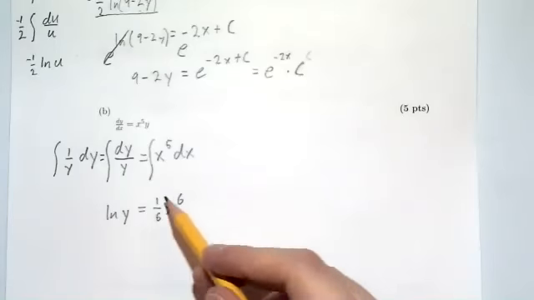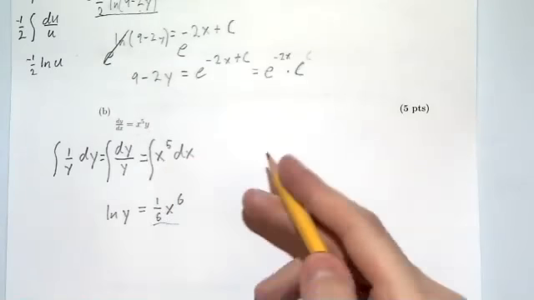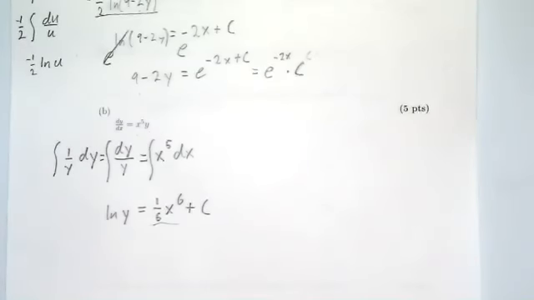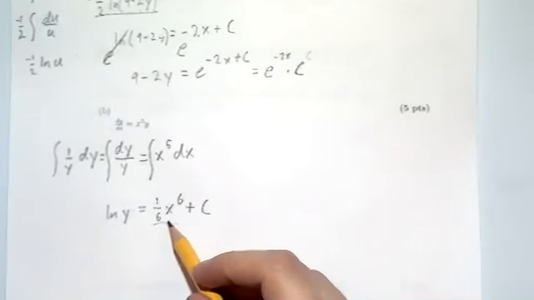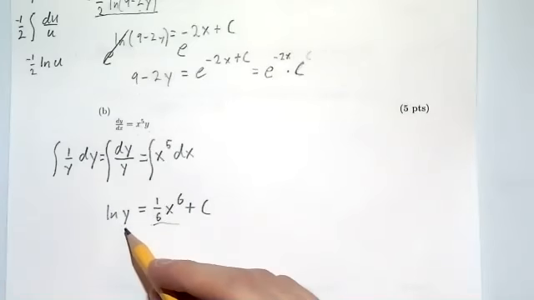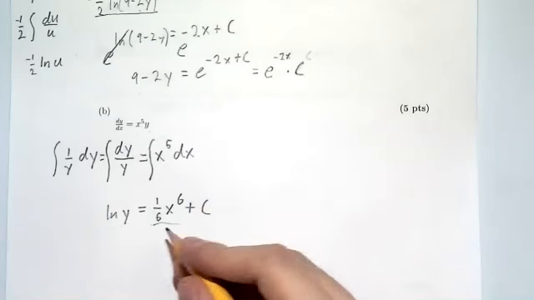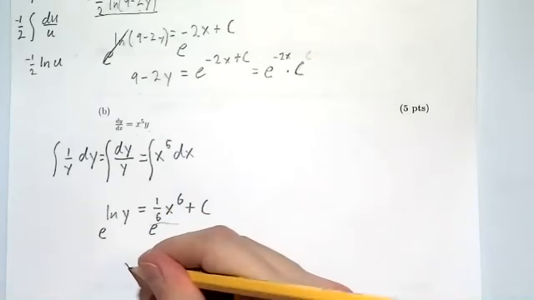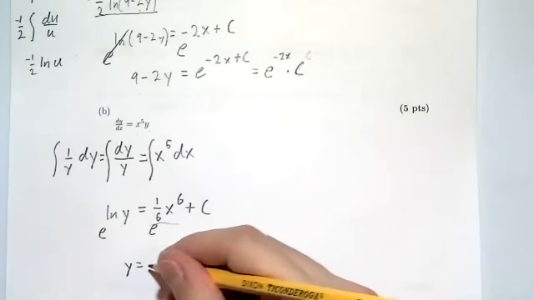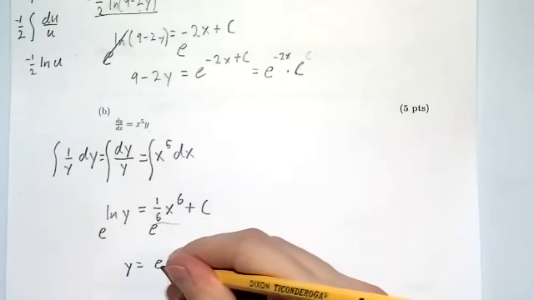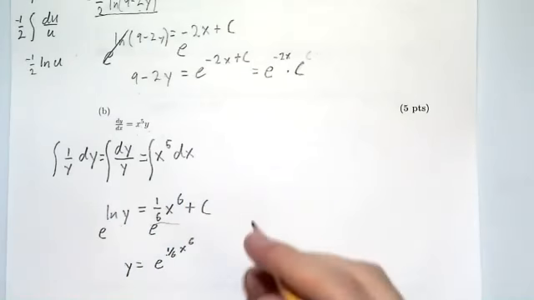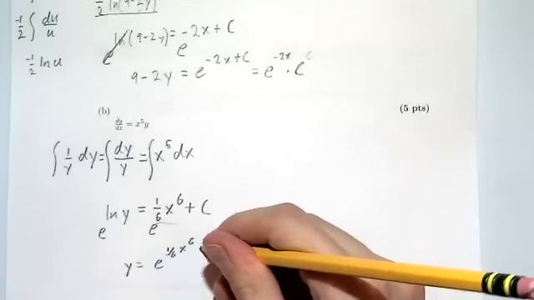And then, where I left off, you took the integral up here. Always remember to put your plus c with your x term. It just helps out more. And here it's straightforward because natural log of y is the only thing on the left side. So you just raise both sides to the e. And we get y is equal to e to the 1/6 x to the sixth, and then plus c.